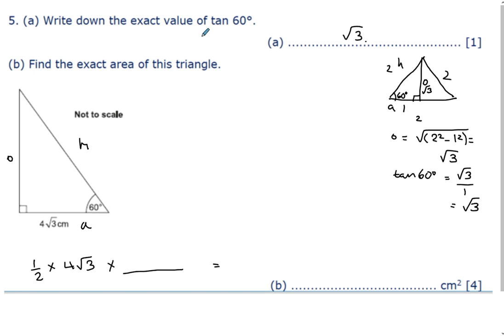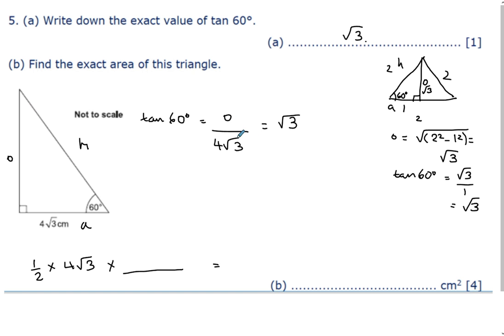Now we know the value of tan 60. So let's just say tan 60 equals O over A. So it's O over 4 surd 3. And we know tan 60 is surd 3.